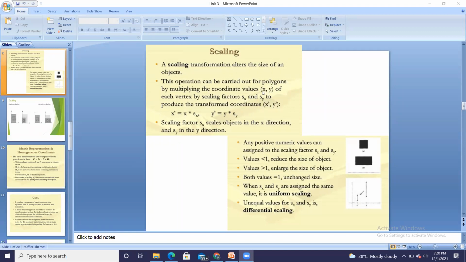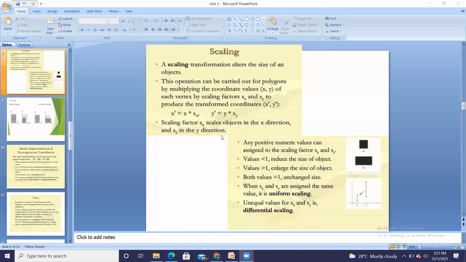As usual, our original values are x, y, your new values are x dash and y dash. So the formula will become x dash is equal to x into Sx, y dash is equal to y into Sy.